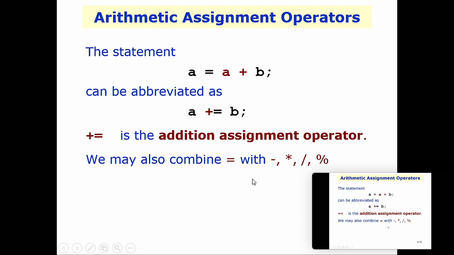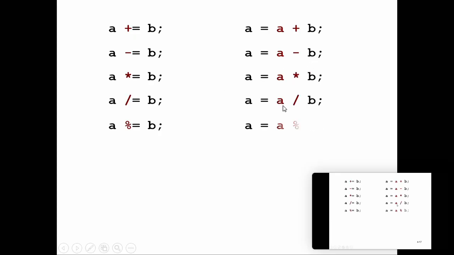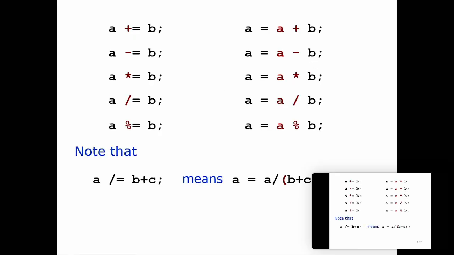So you can use the other arithmetic operators combined with this equal sign. So A plus equal B is equivalent to A equals A plus B. A minus equal B is A minus B. Something like this. Okay, then now you have a certain operation on the right-hand side.